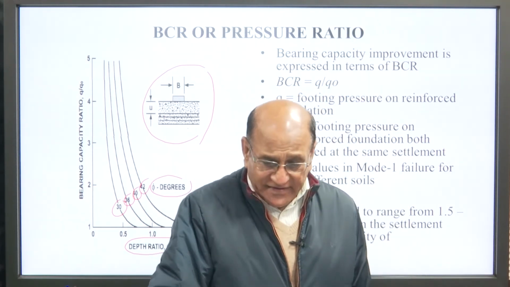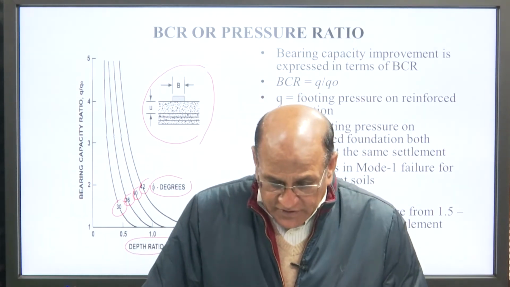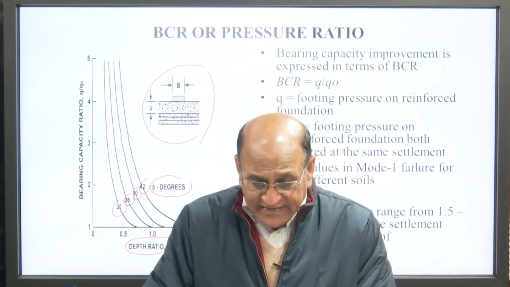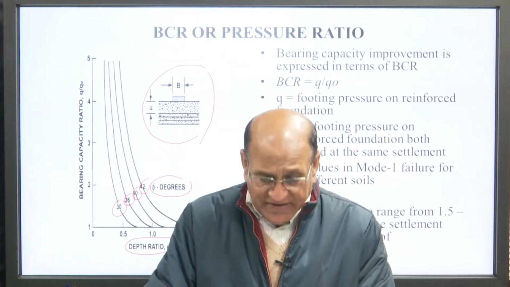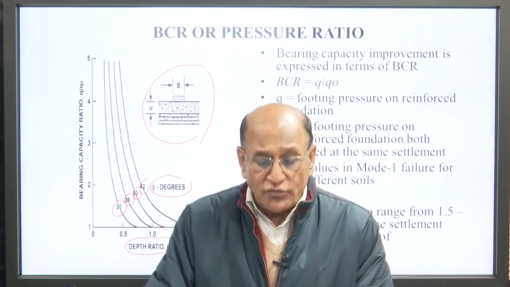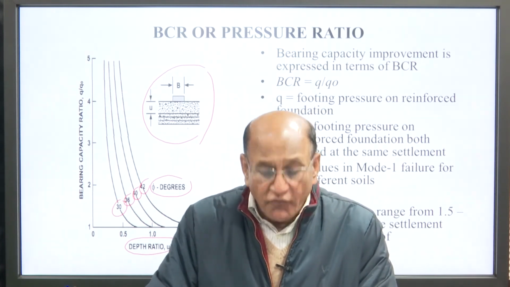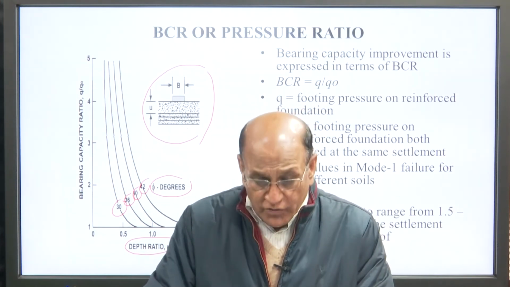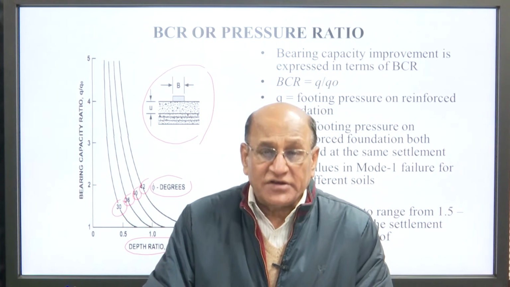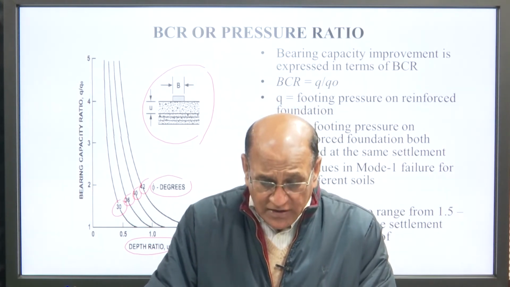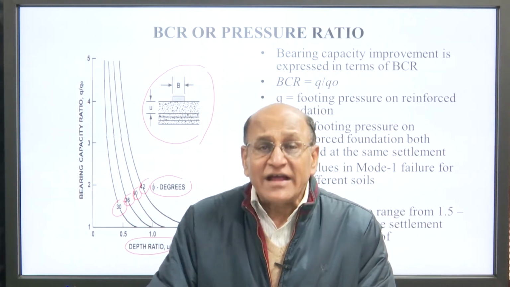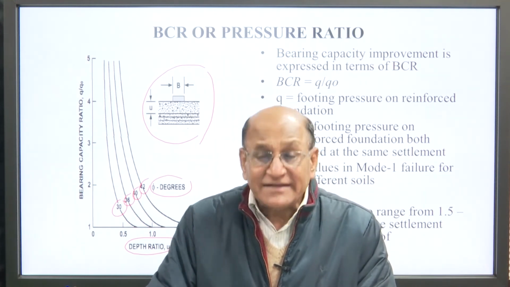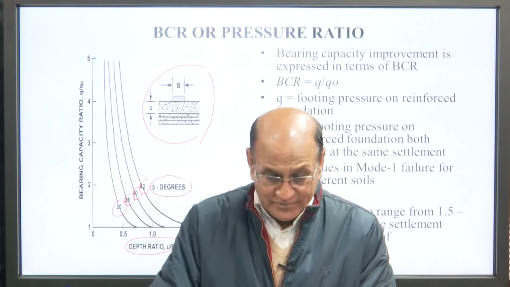So, bearing capacity ratio improvement is expressed in terms of BCR, bearing capacity ratio, or pressure ratio, that will be equal to Q by Q0, where Q is the footing pressure on a reinforced foundation, and Q0 is the footing pressure on an unreinforced foundation, both measured at the same settlement.